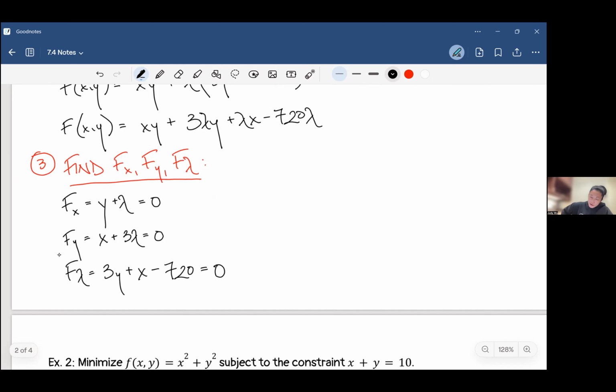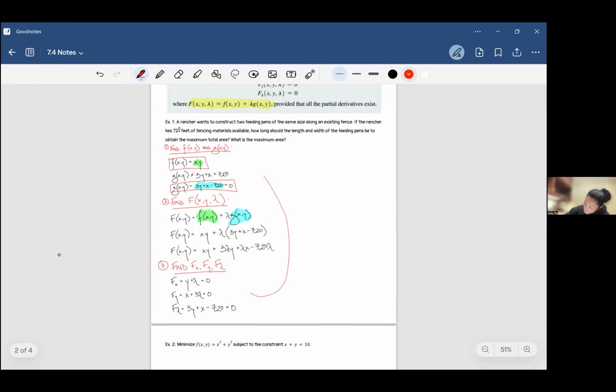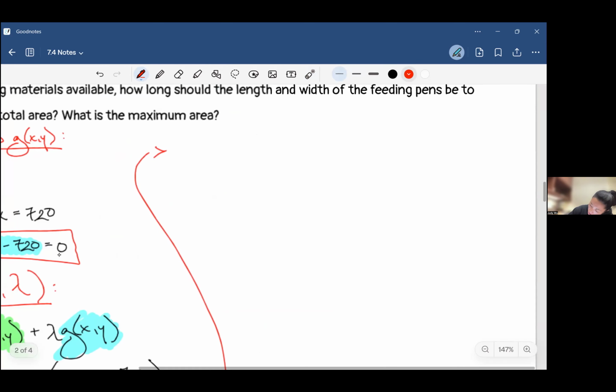All right, so I found my fx, my fy, and my f lambda. And now what I'm going to do is I'm going to take my fx and I'm going to solve for y, okay? And I'll tell you why we're going to do that in just a moment. All right, so step 4 is we are going to solve for x, y, and lambda.